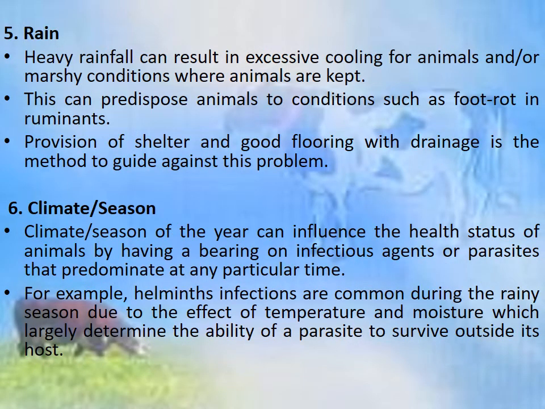Rain, that is number five environmental factor that influences our animals' health. Now, heavy rains usually cause excessive cooling for our animals, and it also produces marshy conditions where animals are kept, and this usually predisposes the animals to certain conditions such as foot rot in ruminants.